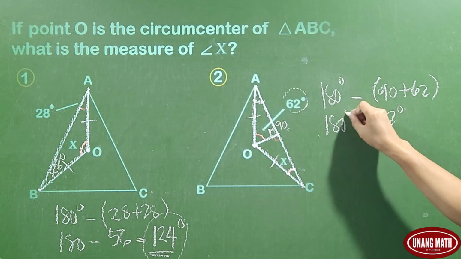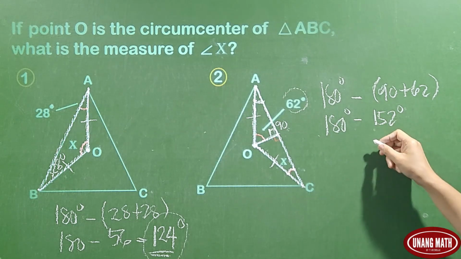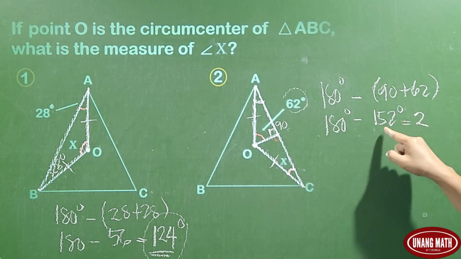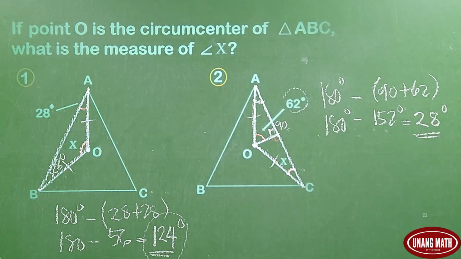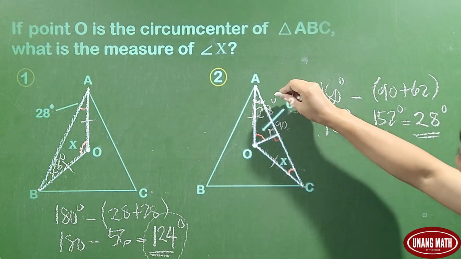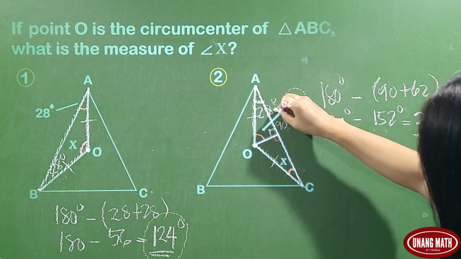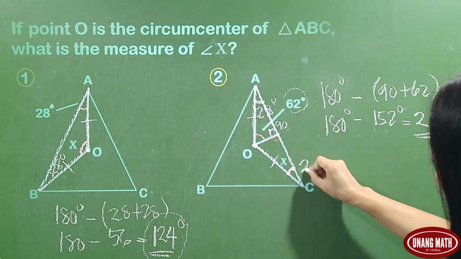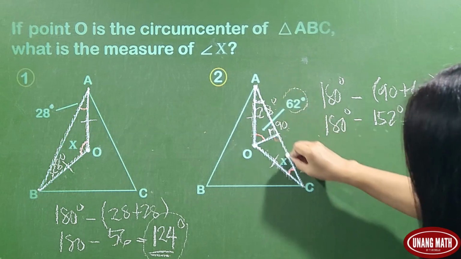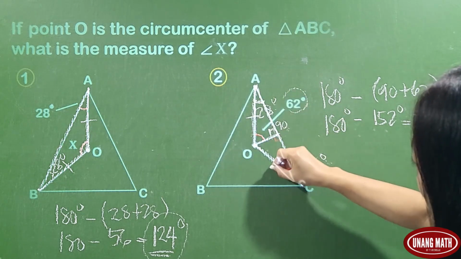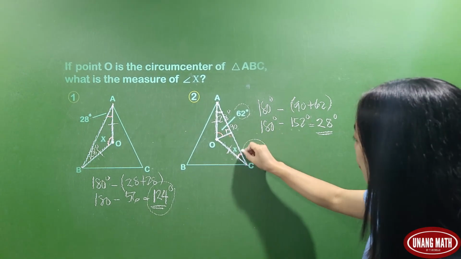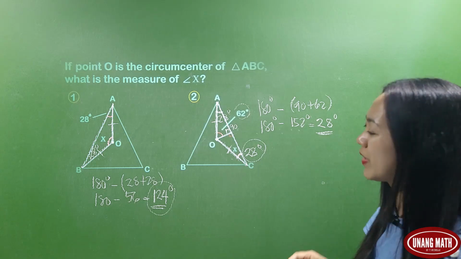So 180 minus 152 degrees is 28 degrees. So this angle is 28 degrees. Since this is 28 degrees, then this is also 28 degrees, because as we said a while ago, this is an isosceles triangle. These two sides are equal, so these two angles are also equal in measure. So angle X is 28 degrees.